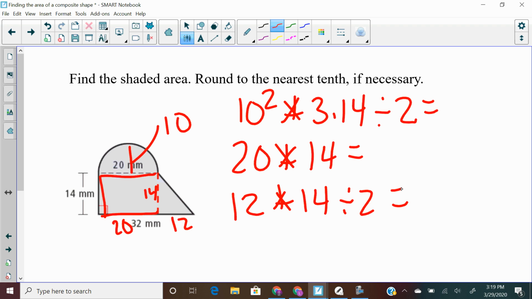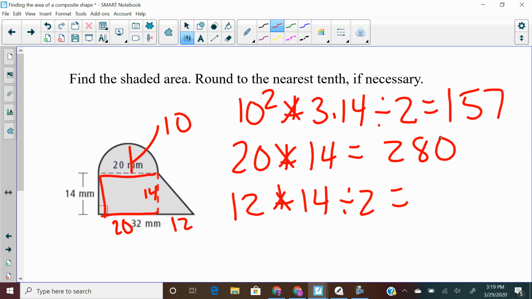Yesterday we practiced area formulas, same thing with Monday. This is why. So when I do 10 times 10 times 3.14 divided by 2, I get 157. 20 times 14 is 280.